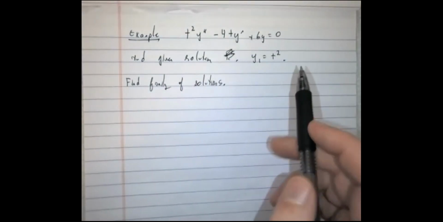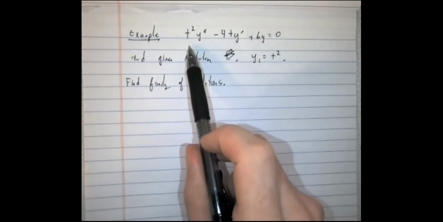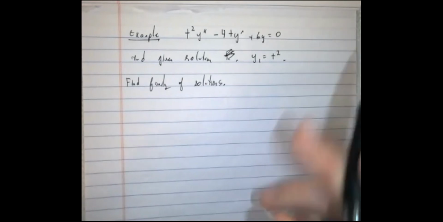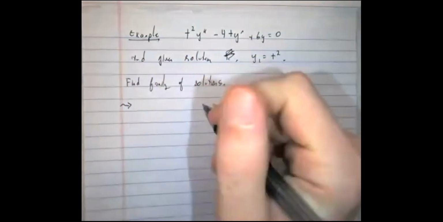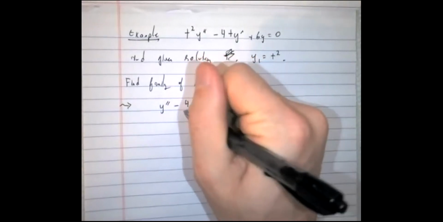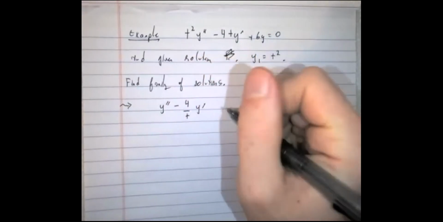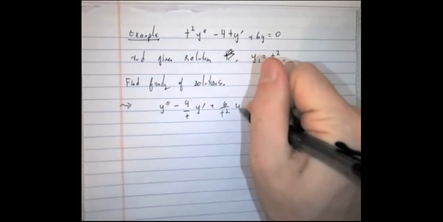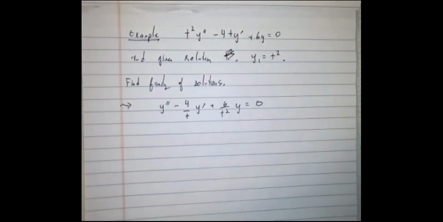Okay, so first of all, I think that we should start by getting this equation in the right form. So first, we want to write this as y double prime minus 4 over t y prime plus 6 over t squared y being equal to 0. Right?